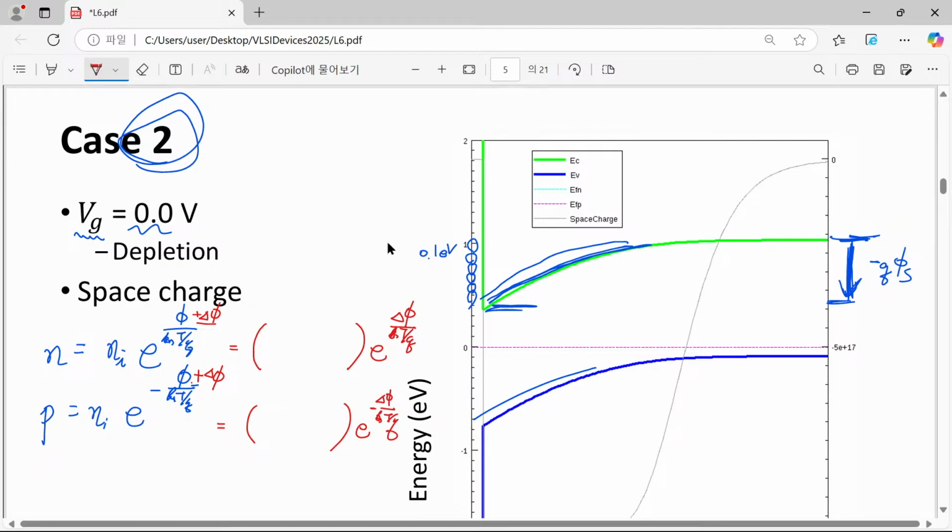So when we have the same amount of delta phi in our system, whether that is a huge difference or not really depends on our current electron density and our current hole density. So are you with me?